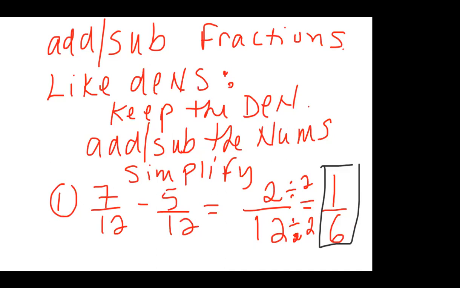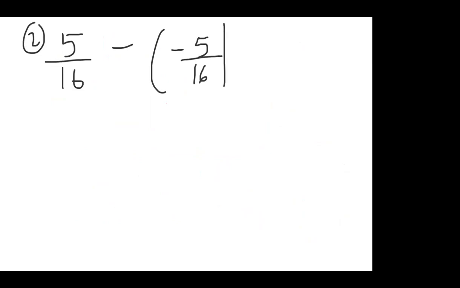So let's move on to another one. This next one is 5/16 minus a negative 5/16. Okay, so on this one right here, you will notice we have a minus negative. Minus negative becomes a positive. So we have 5/16 plus 5/16.